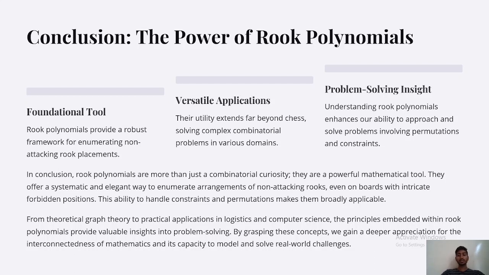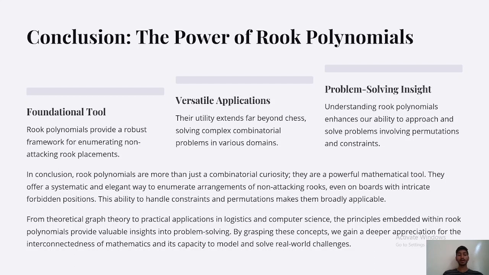Understanding rook polynomials enhances our ability to approach and solve problems involving permutations and constraints. In conclusion, rook polynomials are more than just a combinatorial curiosity. They are powerful mathematical tools that offer a systematic and elegant way to enumerate arrangements of non-attacking rooks, even on boards with intricate forbidden positions.